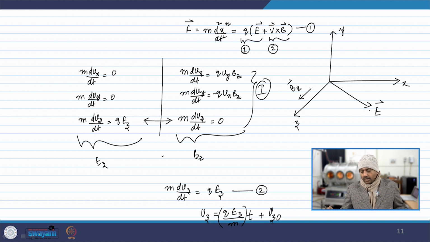So, you have the electric field in the xz plane. You can obviously resolve this electric field along z axis or along x axis, that is fine. But the point is, you will have the velocity Vz only influenced by the electric field, which is q by m Ez t plus Vz0.